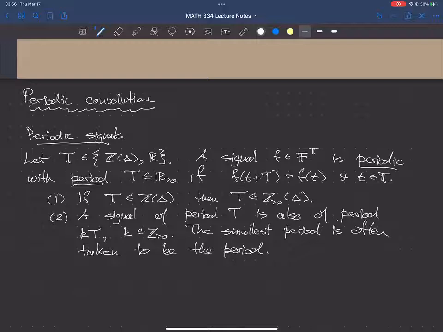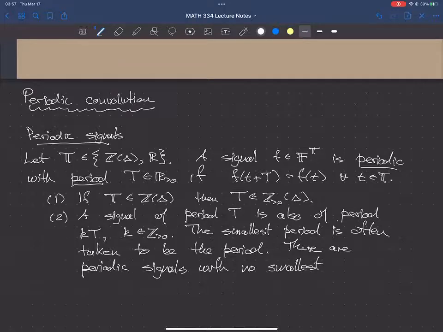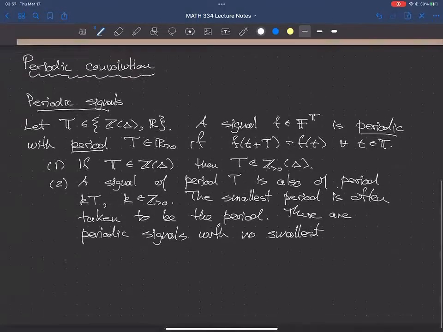So there are periodic signals with no smallest period. And so for such signals, it's not really possible to talk about the period. And it's clear what those things are if you think about it for a second.